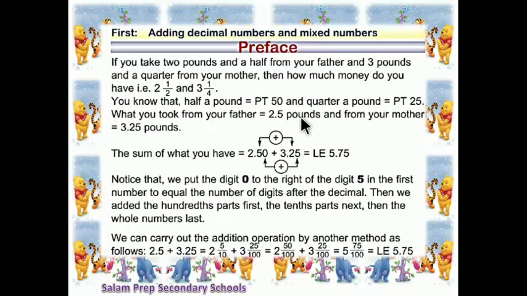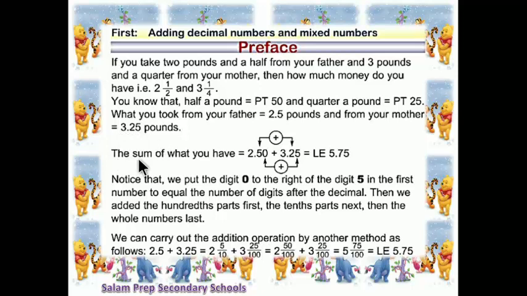2.5 pounds, which means 2 pounds and 50 piasters, okay? And from your mother equals 3.25 pounds, which means 3 pounds and 25 piasters.